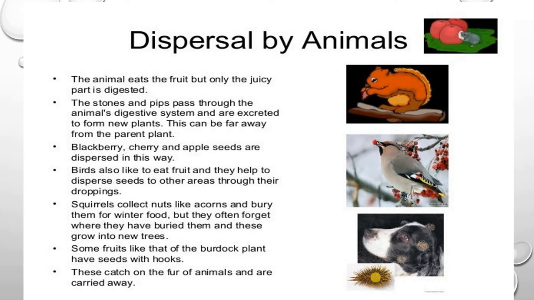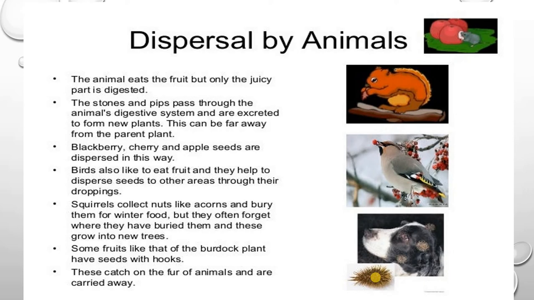The hard seed passes through the animal's digestive system and is excreted. So along with the excreta, the seed is passed off and can be carried far away from the parent plant. Examples are cherry, apple seed, and blackberry. These are dispersed in this way along with their excretion.